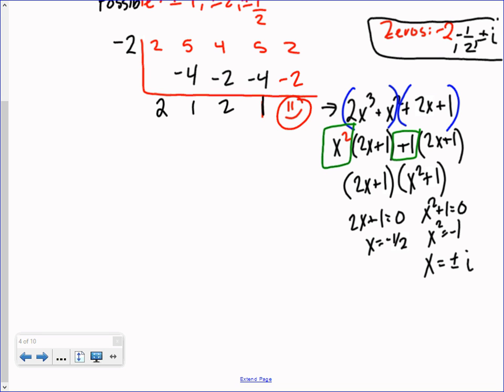Did anybody find those zeros differently besides Mason's method of factor by grouping? If you didn't, can you see how else you might have gotten the same solutions? What would be your other option? Danny?